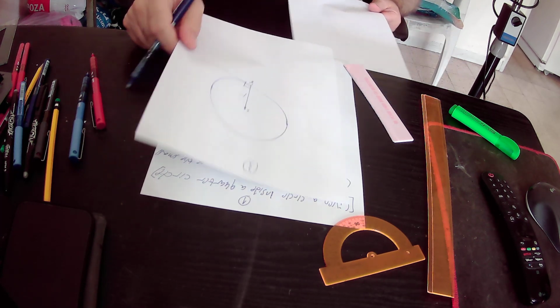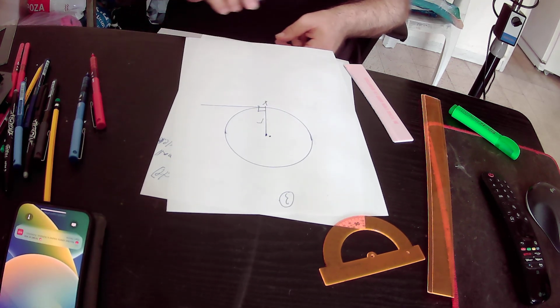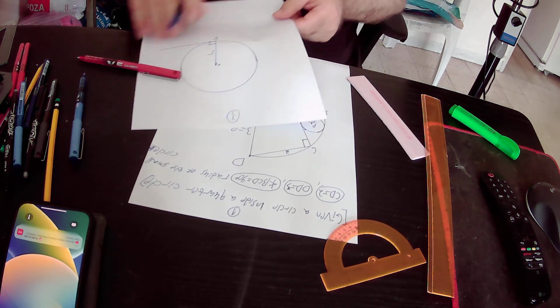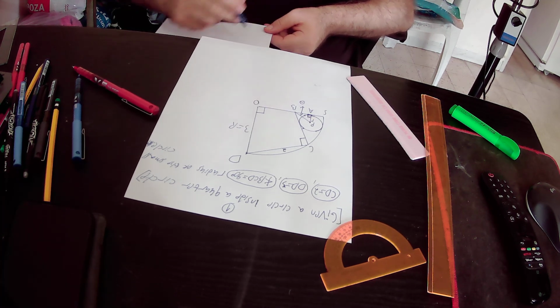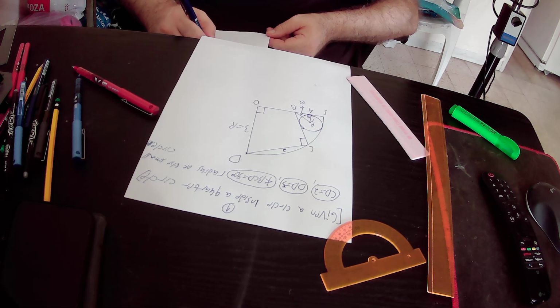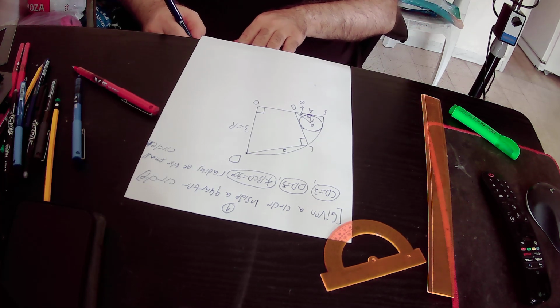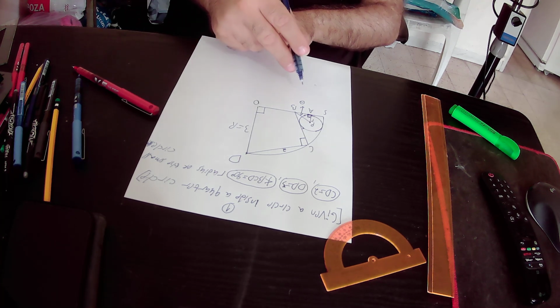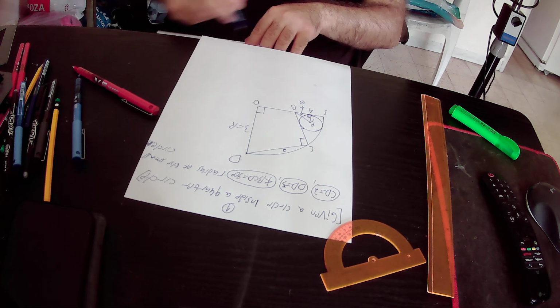So actually, tangent theta in the right triangle APB equals AP over AB.